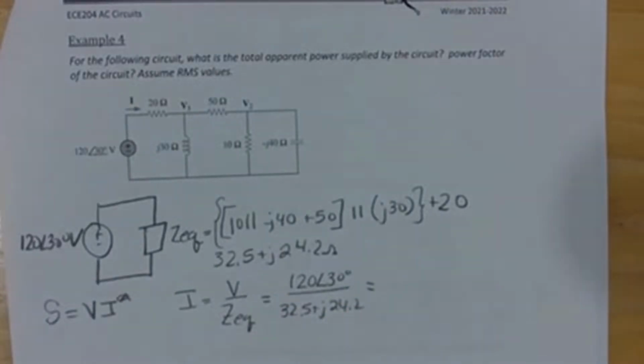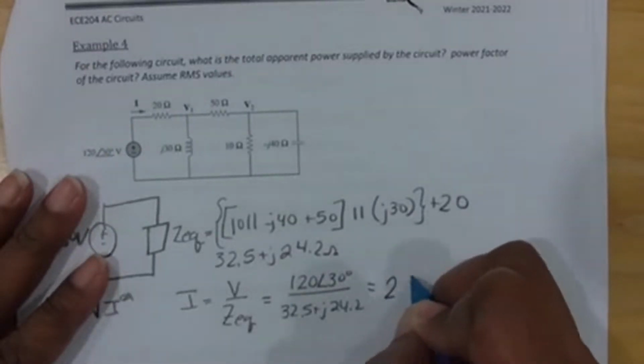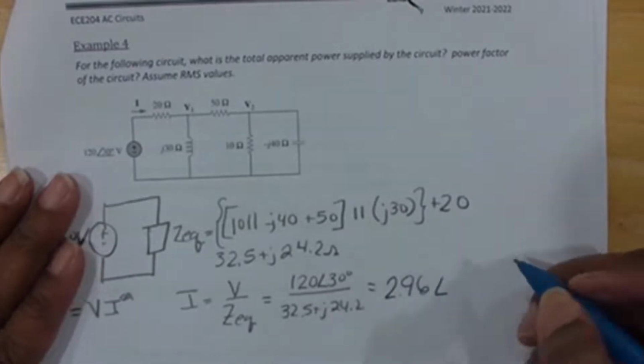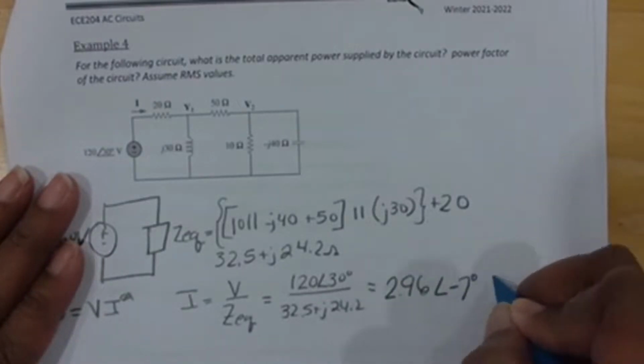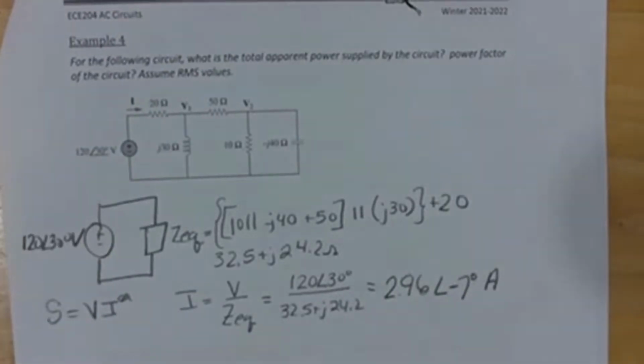I need to find my current, which is voltage over impedance. So I got 2.96 with an angle of negative 7 degrees.